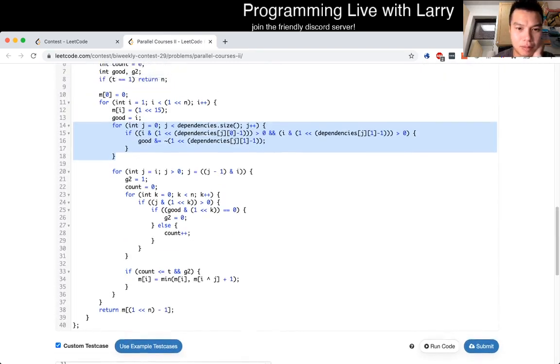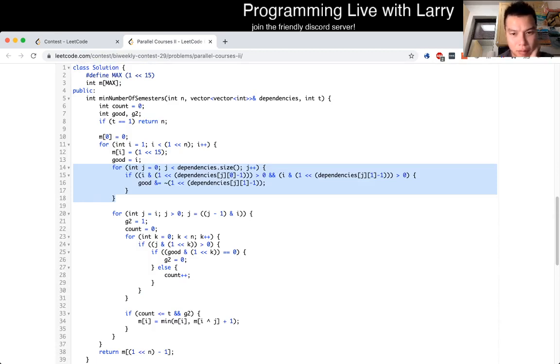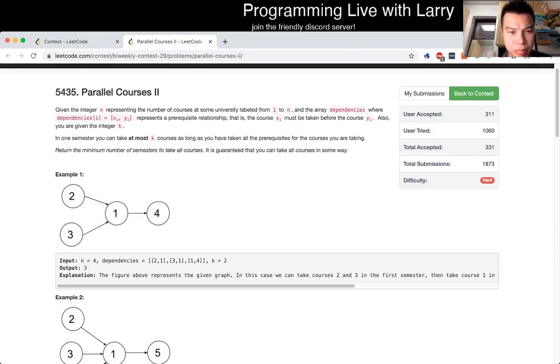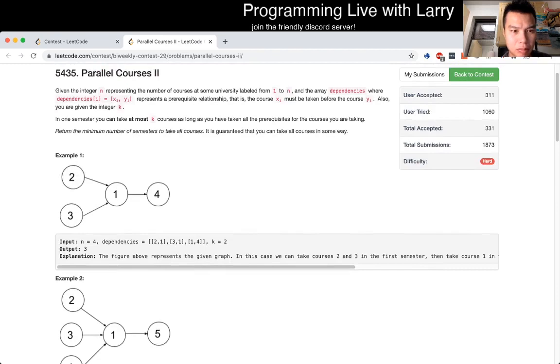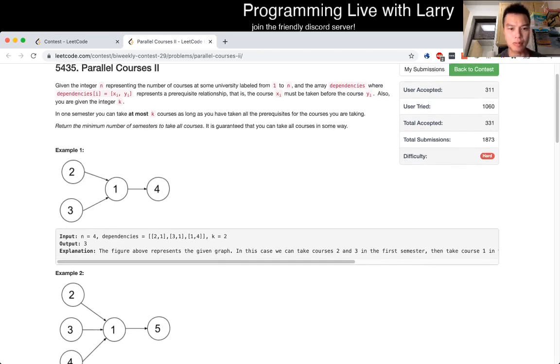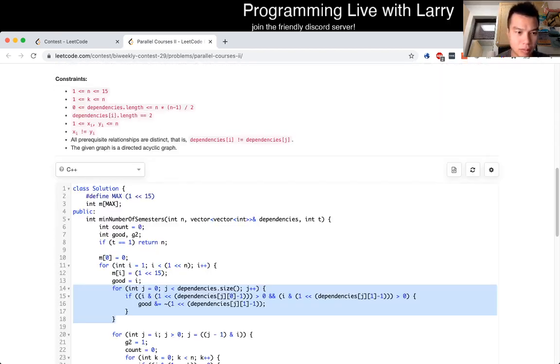Still pretty slow. Yeah, let's try greedy, I guess.